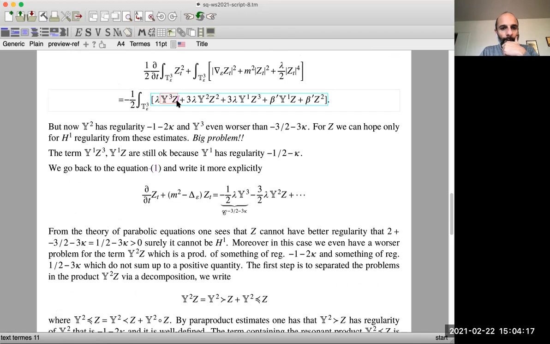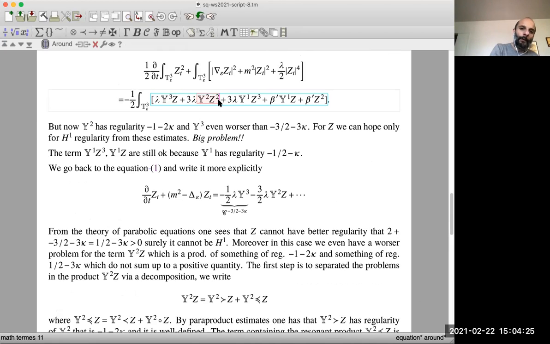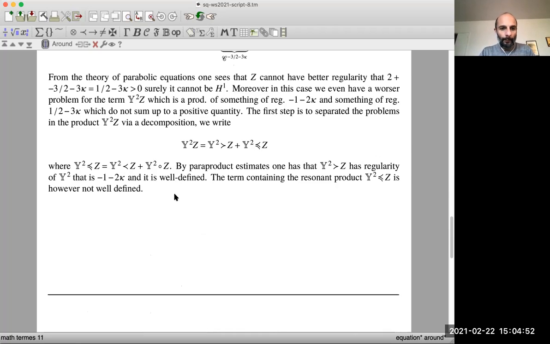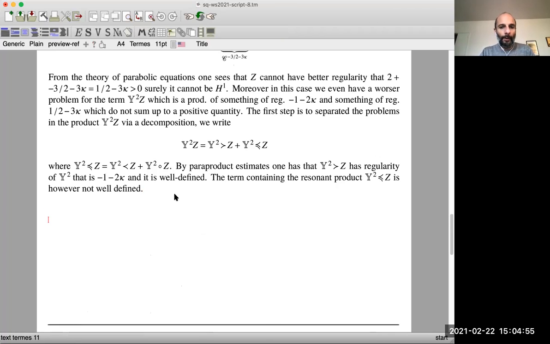Actually, I need to get rid of this term, but then I need to understand what's going on with this term also. Yeah, okay, here one has to work a bit harder.